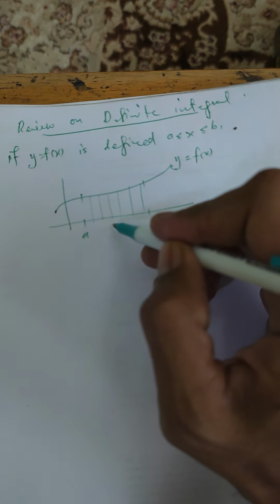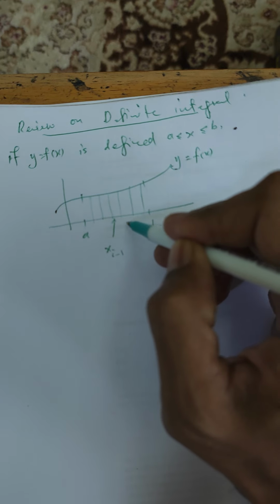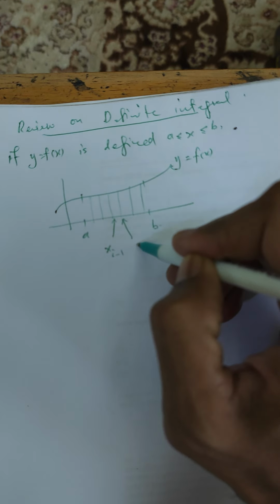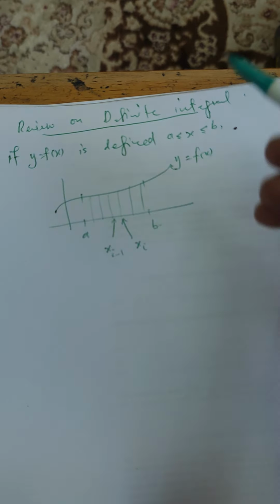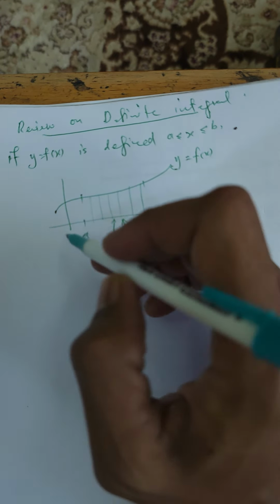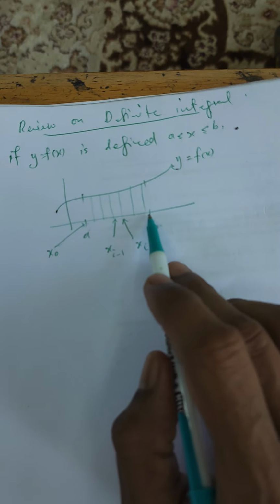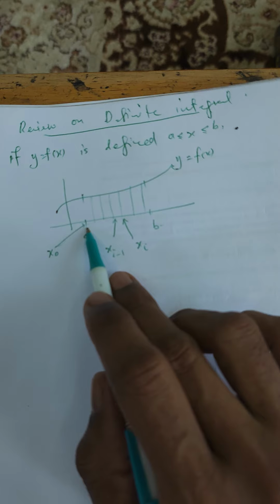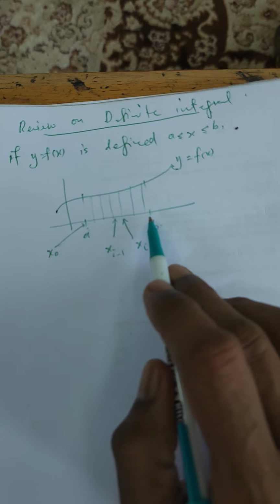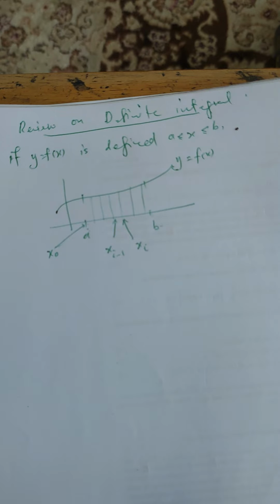For the sub-intervals, we have x_{i-1} and x_i, so we have x_0 up to x_n.